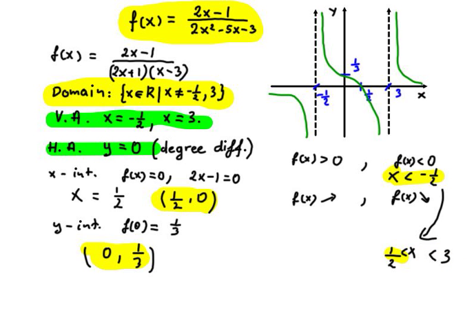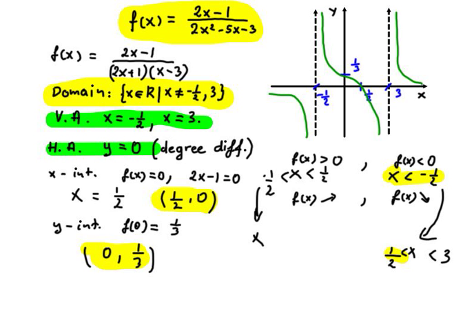Obviously, you have to sort of complement the set of real numbers. So positive is when x is greater than -1/2 and less than 1/2. Also, there is one more interval when x is greater than 3.